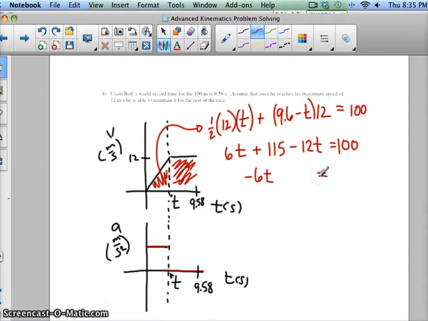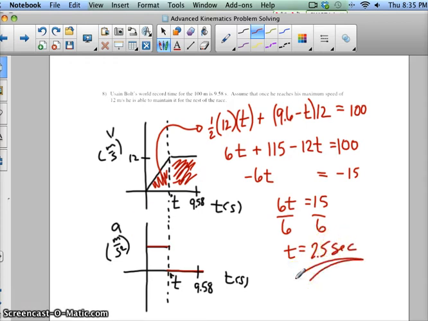Has to equal, if I subtract 115 from both sides, negative 15. So that means 6T equals 15. Divide both sides of the equation by 6. I get about 2.5 seconds, right?